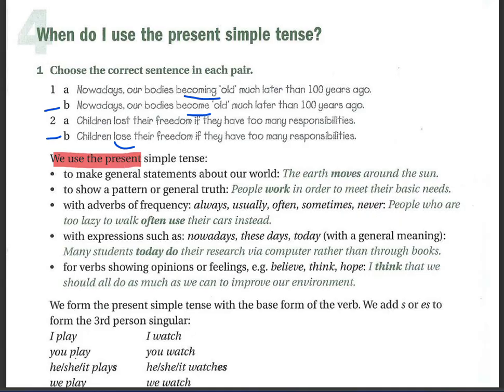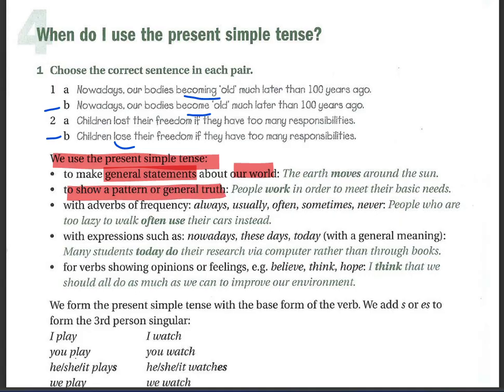We use the present simple tense to make general statements about our world. So, when you want to say something generally about the world, we use simple present. The earth moves around the sun. It's a general statement.